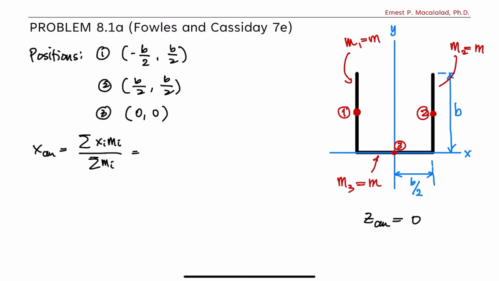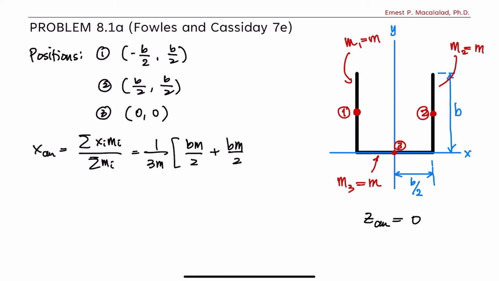So this becomes 1 over 3m times m times b over 2, so this is bm over 2. For segment number 2, this is m times b over 2, so that's bm over 2 as well.